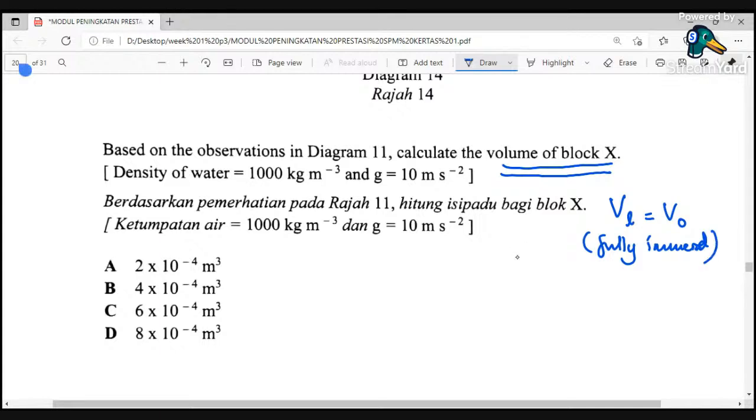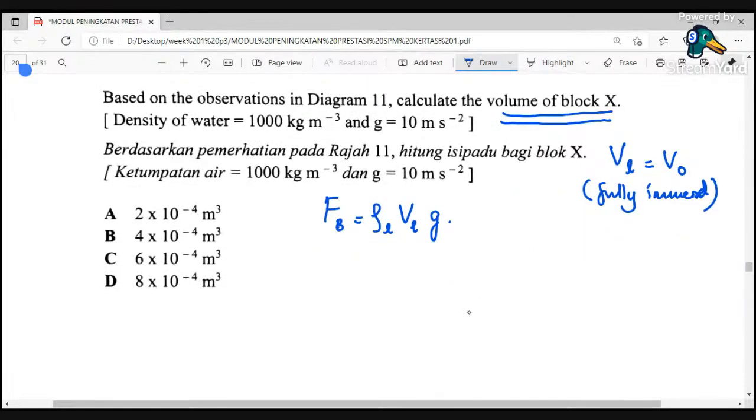Okay, formula. Buoyant force equals weight of liquid displaced, means density of liquid, volume of liquid, g. Buoyant force we can calculate already just now is T1 minus T2.